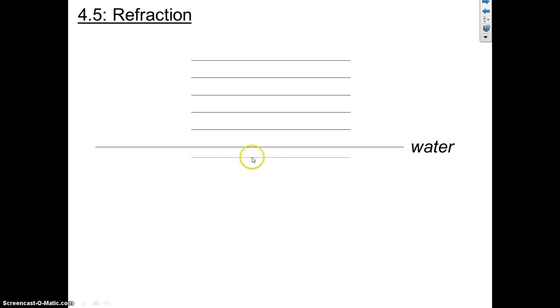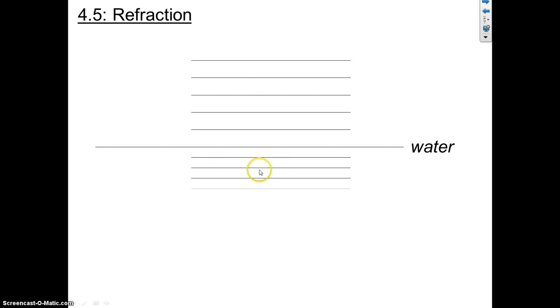Because they slow down, by the time this first one has moved a little farther, this next wavefront has caught up to it a little bit. So there's a moment when this wavefront is not moving as fast as this one, which is still in the air. The wavefront in the water moves slower, and the wavefront in the air catches up. So it gets a little closer to it.